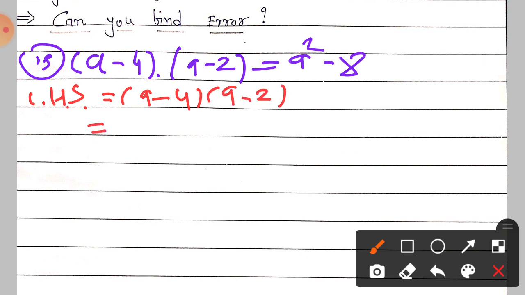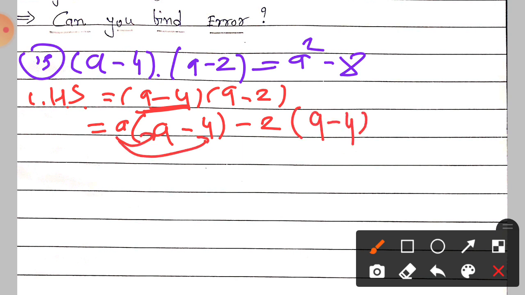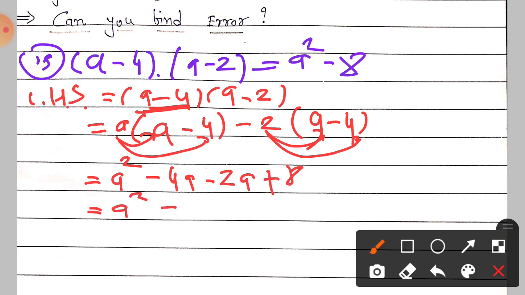Choose one bracket. I am choosing the bracket a minus 4, and this is multiplied with a as well as minus 2. The correct answer is a square minus 4a minus 2a plus 8, that is a square minus 6a plus 8.